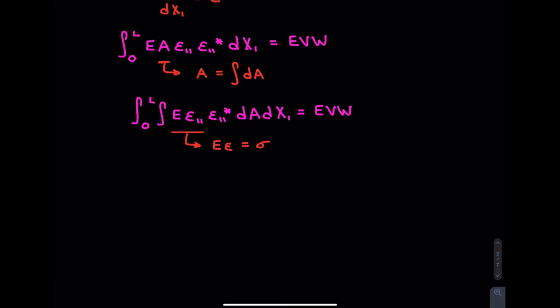So I can substitute that into the equation. I get the integral from 0 to L multiplied by the integral of sigma 1 times the virtual strain epsilon 1 star times dA times dx1 is equal to the external virtual work.